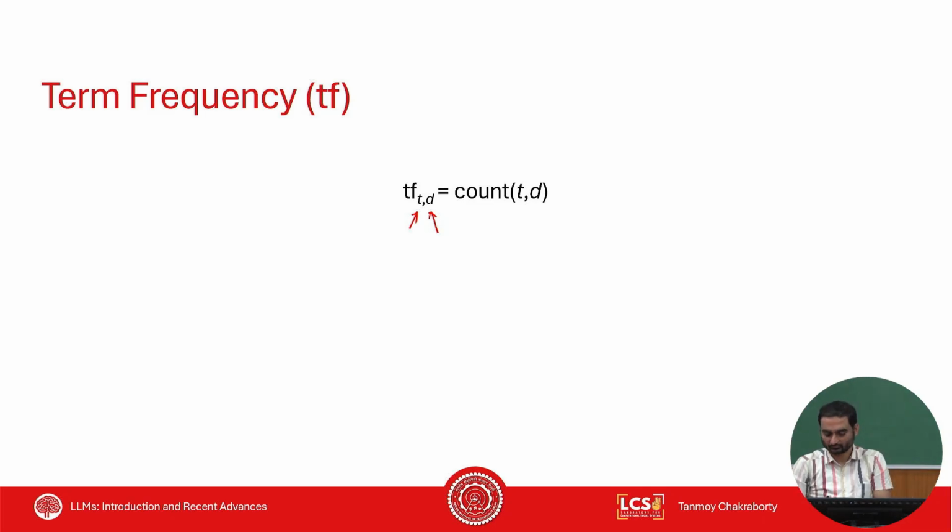Okay. So by the way, when I say a document, a document can be a Wikipedia document, a novel, a paragraph, or even a sentence. It depends on how you define a document, right? Because if you have only one document, then how do you compute TF-IDF? You consider every paragraph as a document and then you measure this. So that is the raw count.